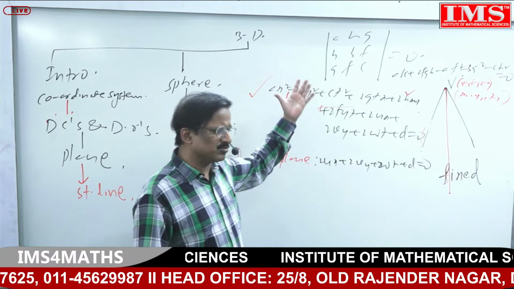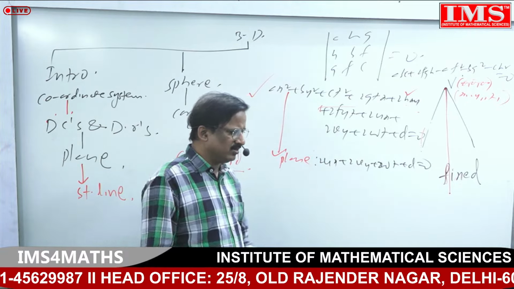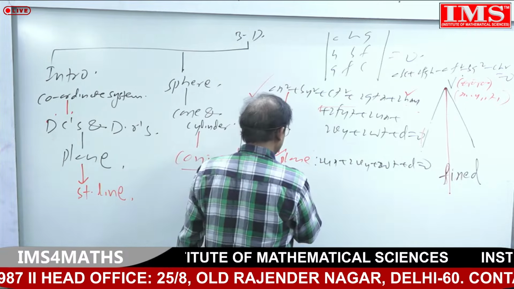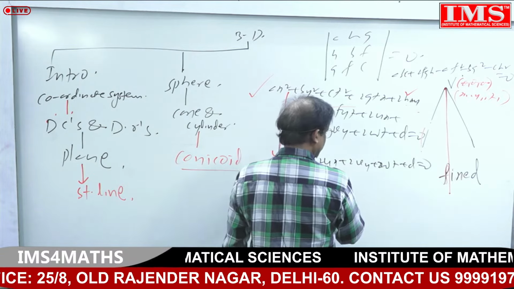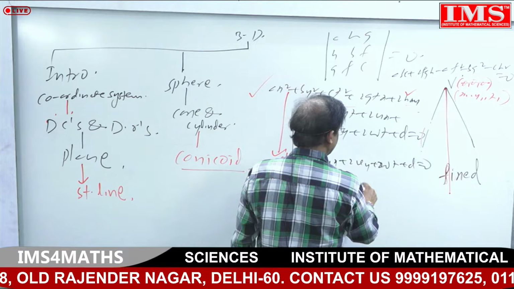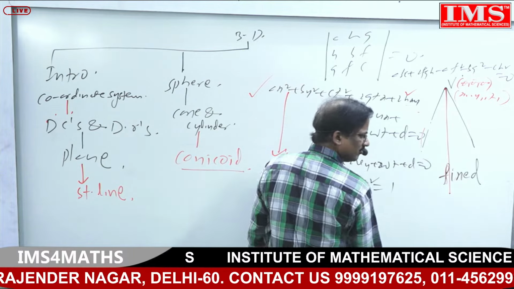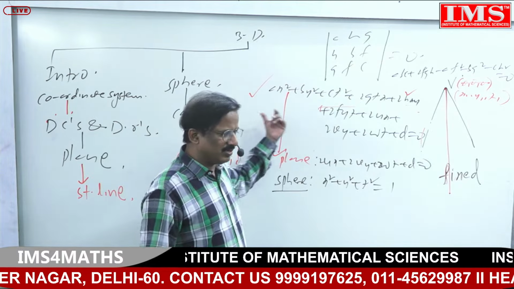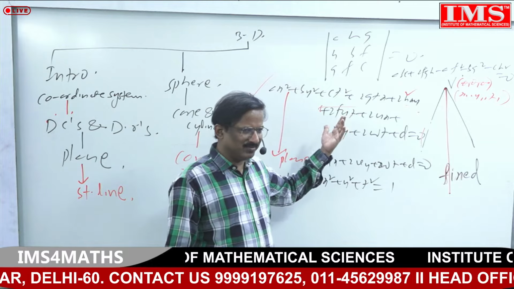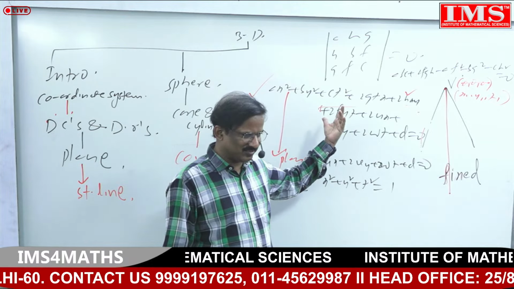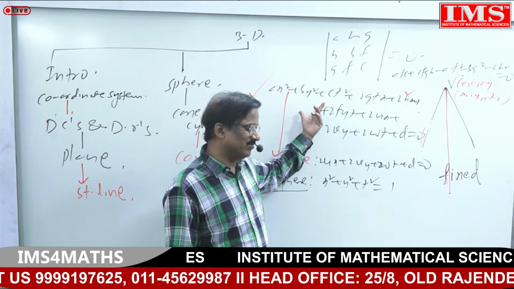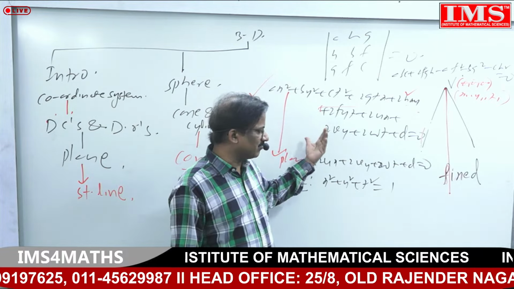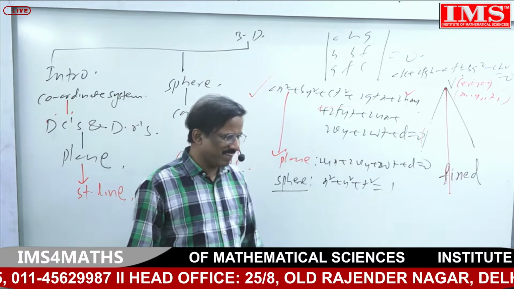Maybe it is passing through 9 points, and I may get a plane. Or I may get a sphere. What is the sphere here? x square plus y square plus z square is equal to 1. I took a, b, c as 1, f, g, h values as 0, u, v, w as 0, and d is equal to -1.